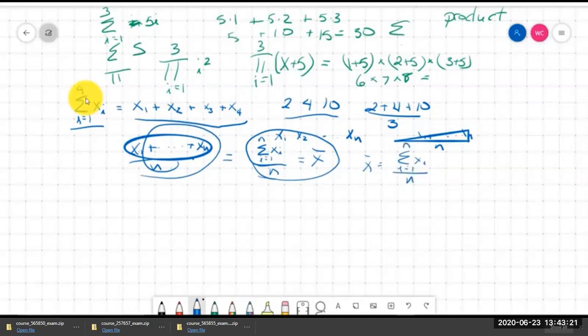And that's for something like we said before, x1 up to xn, a sequence of numbers. Okay, so now we have an expression for x bar here.